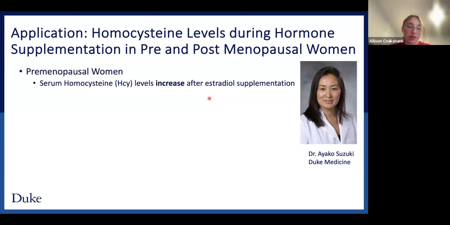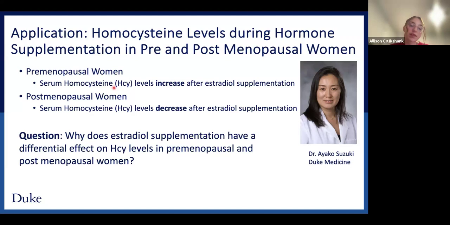What she saw when doing some analysis of the NHANES data is that serum homocysteine levels increased upon estradiol supplementation in premenopausal women. However, in postmenopausal women, serum homocysteine levels decrease after estradiol supplementation. So her question was, why do we see this differential effect of estradiol on homocysteine levels in premenopausal and postmenopausal women?